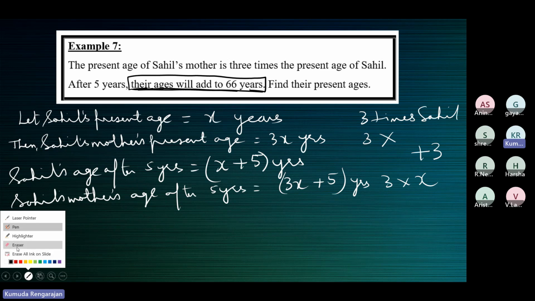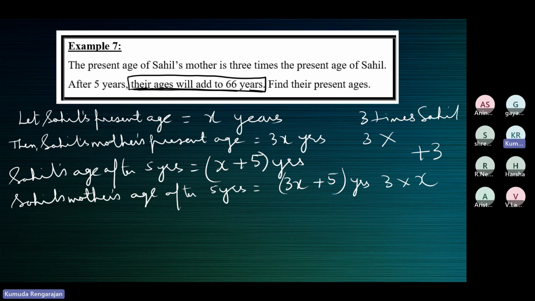Now, do the present ages add up to 66 or their future ages? Ma'am, future ages. Yes, their future ages add up to 66 because it says after 5 years, not the present ages. That is Sahil's age after 5 years plus Sahil's mother's age after 5 years.